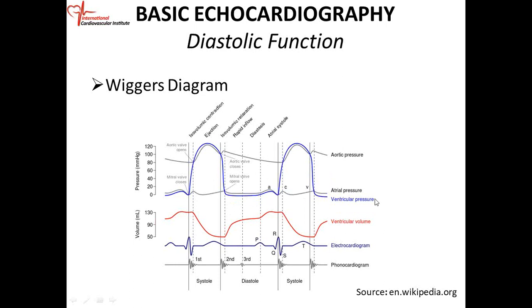But you're supposed to know the different components of the Wiggers diagram: the phonocardiogram, your ECG, ventricular volume, ventricular pressure, your arterial pressure, or your JVP, or your pulmonary capillary wedge pressure, and then the aortic pressure. So you combine everything.